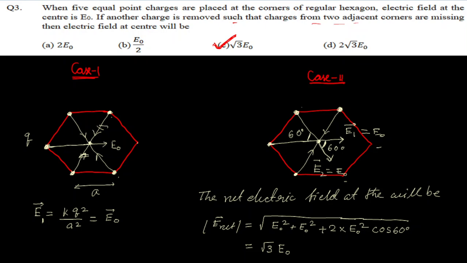Okay. So now take a look at question number 4. In question number 4, it is written that in a cube of side A, point charges plus Q are located at each of its vertices except the origin, where the charge is minus Q, as shown in the figure. The electric field at the center is.